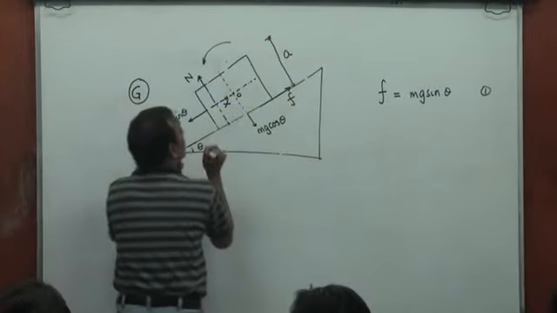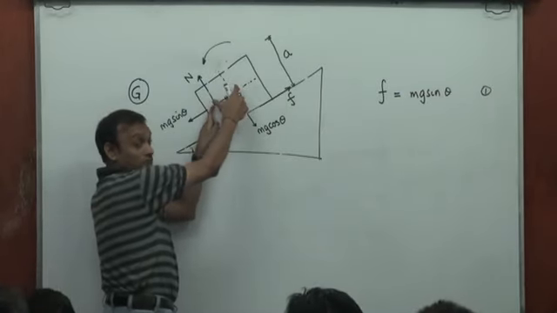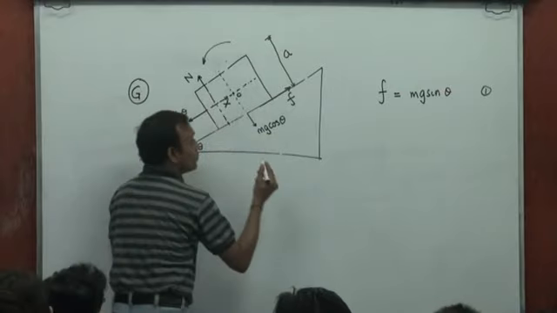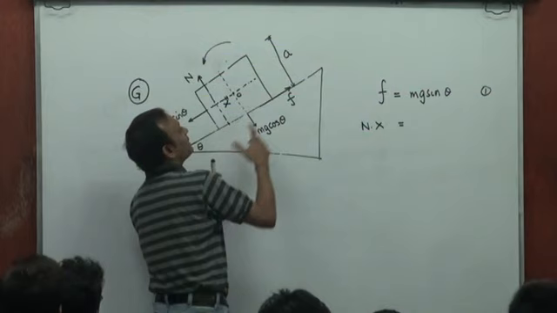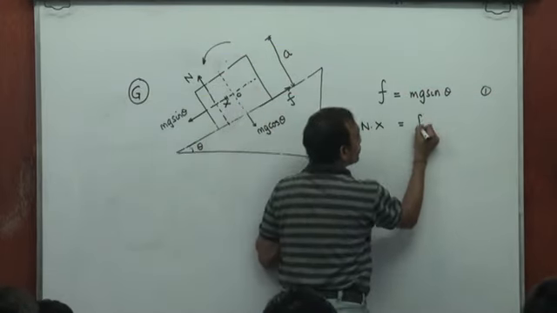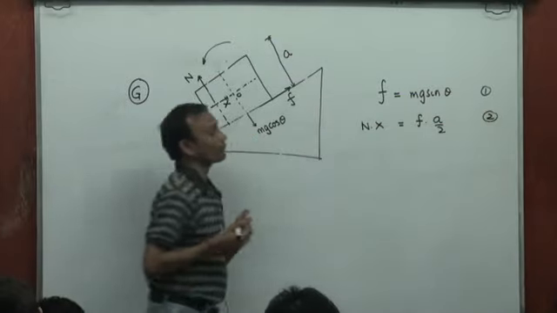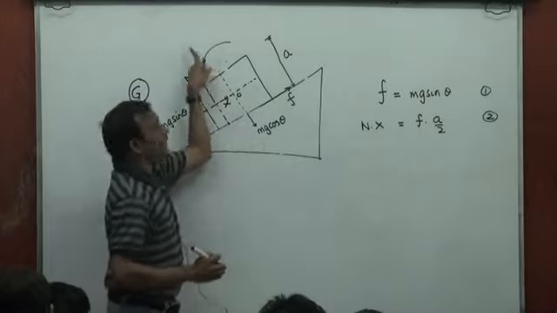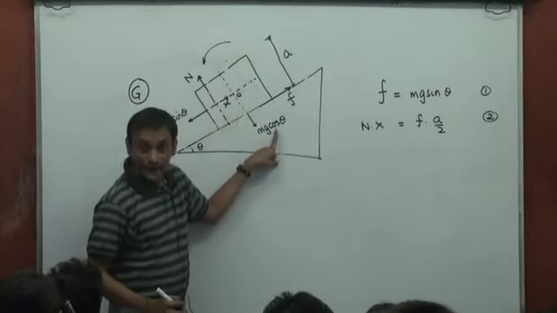Right? So then N into x, that's a clockwise torque of N about O, and it must be balanced by f into a by 2. In the vertical direction again, there is no acceleration, so N must be equal to mg cos theta.